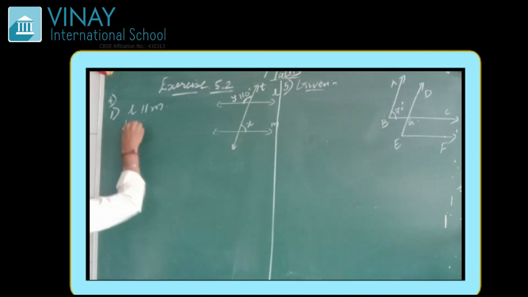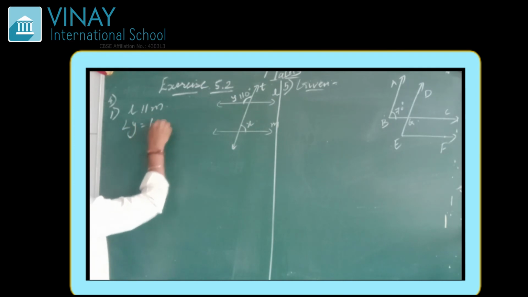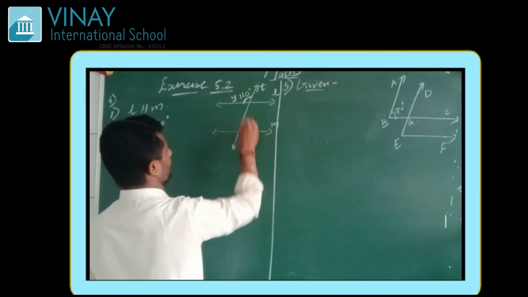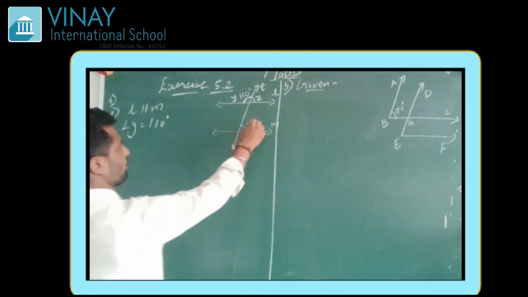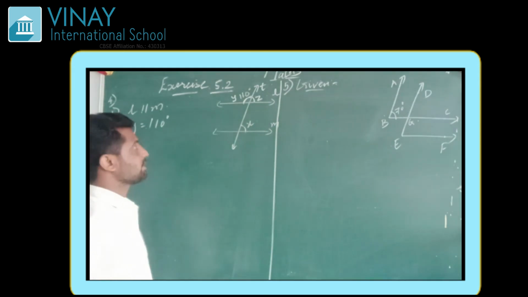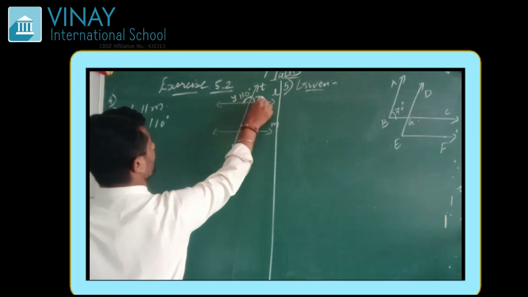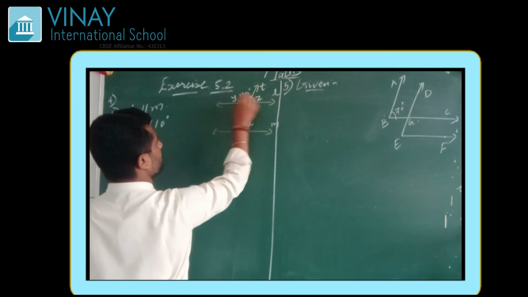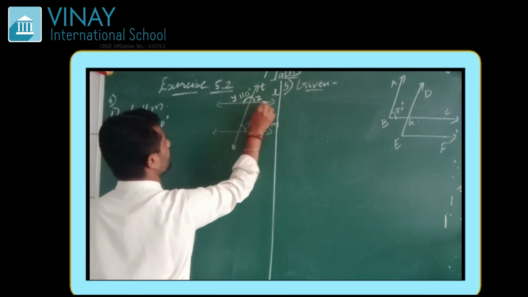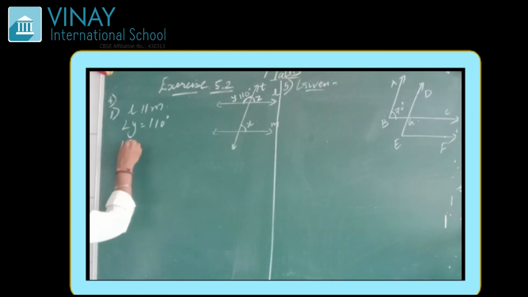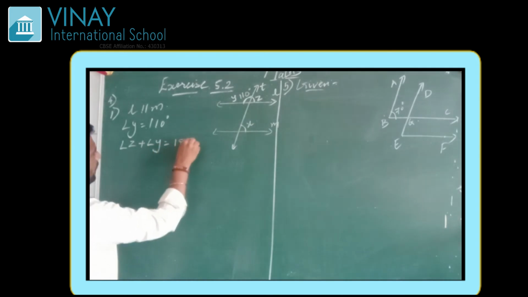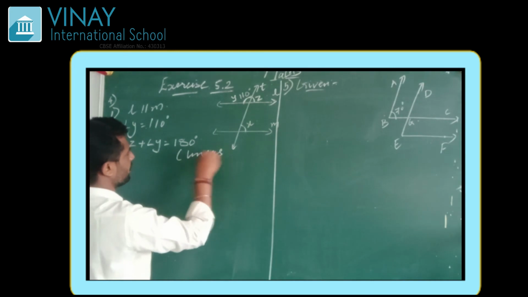Let us consider it angle Y. It means that angle Y is equal to 110 degrees. Now let us consider angle Z. We have to find angle X. If we see carefully, angle Y and angle Z are a linear pair. Here angle Z plus angle Y is equal to 180 degrees because they are a linear pair.